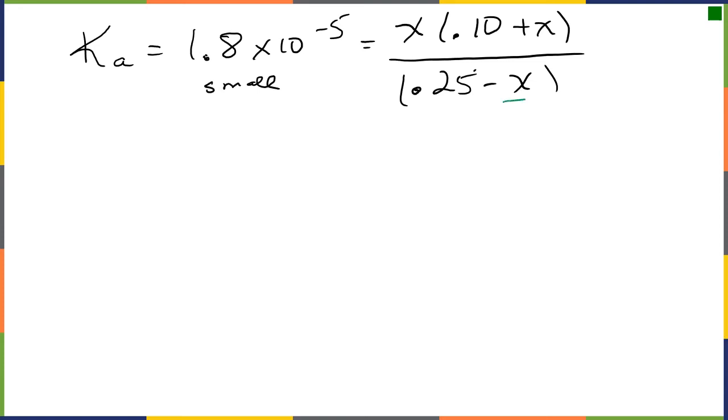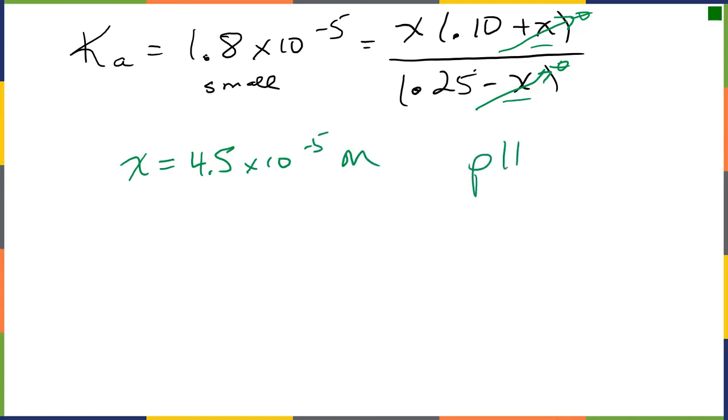Note we have two x's with respect to the initial, and we're going to ignore both of them. No reason to ignore one and not the other. And when we rearrange this and solve for it, we get that x is equal to 4.5 times 10 to the minus 5 molar, and our pH is equal to 4.35.